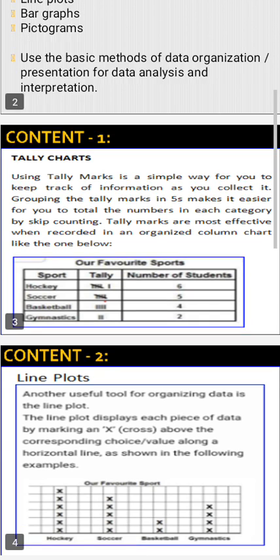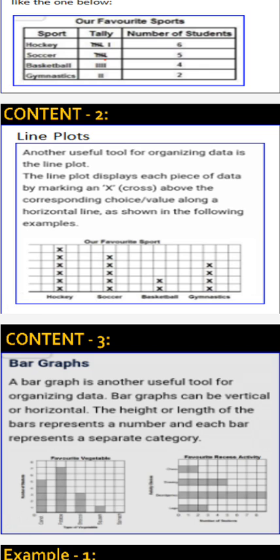So moving on to content 2, that's talking about line plots. Another useful tool for organizing data is the line plot. The line plot displays each piece of data by marking an X, that's a cross, above the corresponding choice of value along a horizontal line as shown in the following examples.